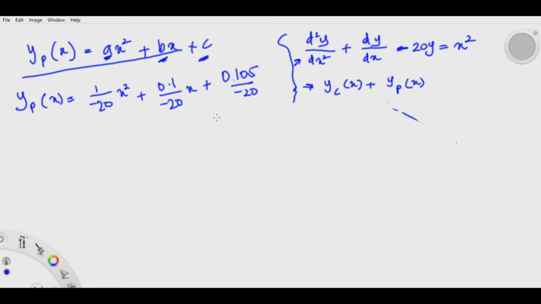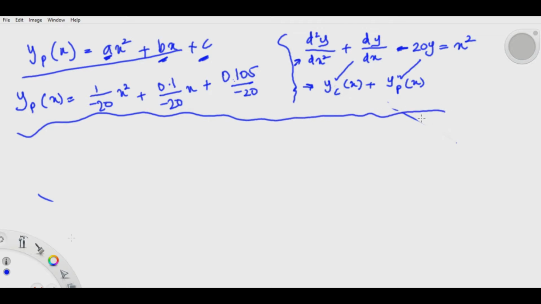Okay, so we have now y sub p prime, y sub p of x and y sub c of x. So our final answer, the solution, is obviously y_p of x plus y_c of x.